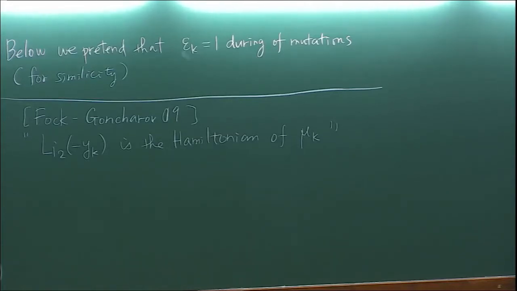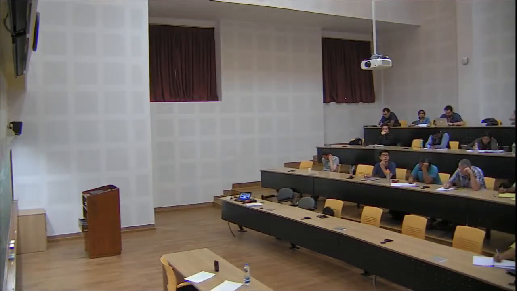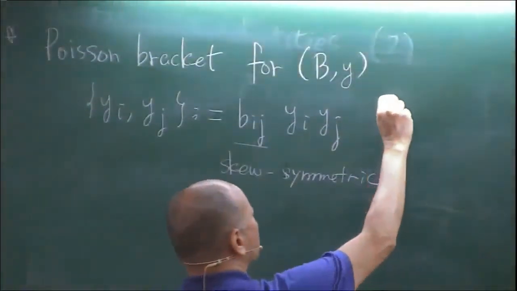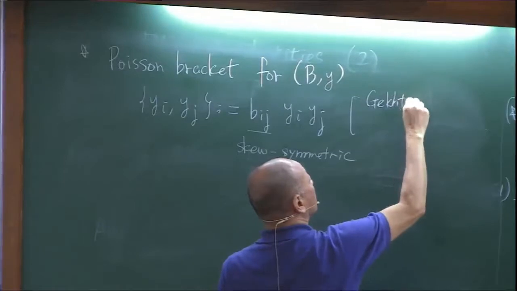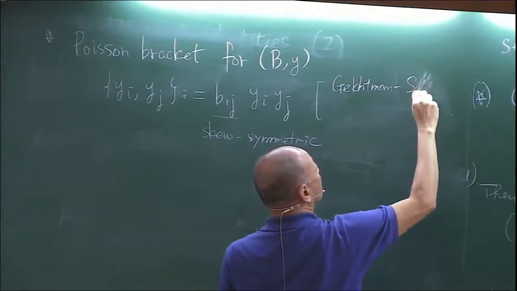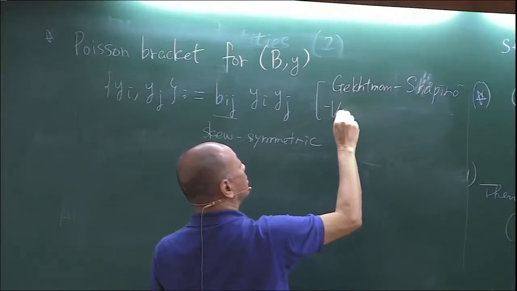And I recall that this is skew-symmetric, for simplicity in this setting, so it gives you a skew-symmetric form. This one was first introduced by my joint authors Gekhtman, Misha Shapiro and Alek Vainshtein.